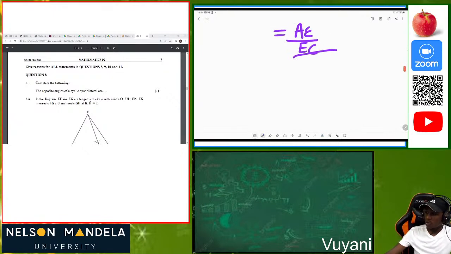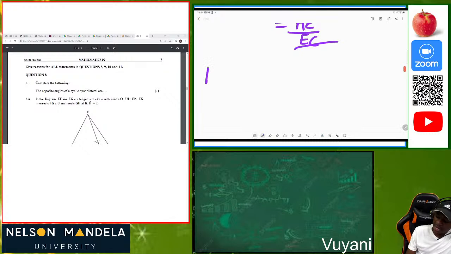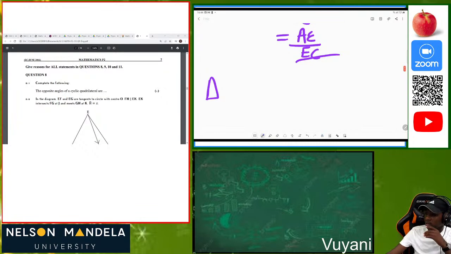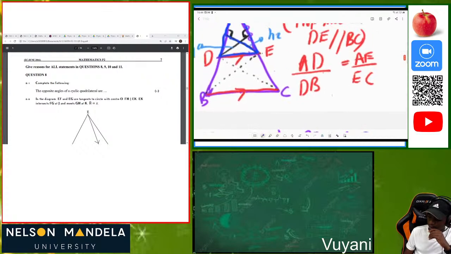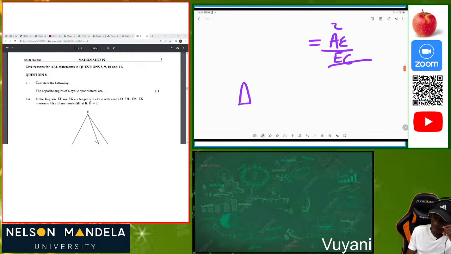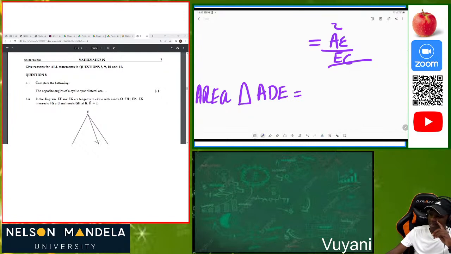But how are we going to join them now? That's what's important. In order for us to join them, we have to write the area of triangle. Let's look carefully. Area of triangle ADE is equal to the area of triangle ADE.